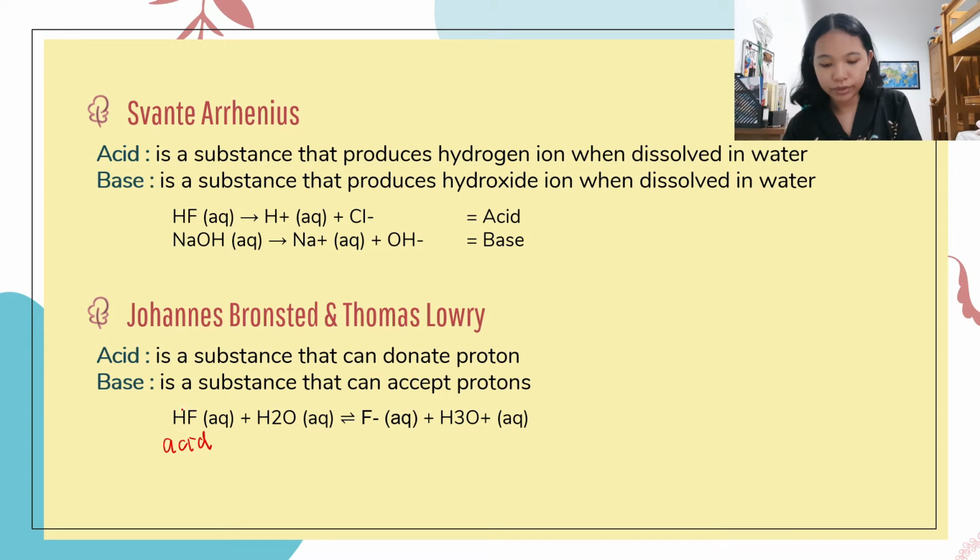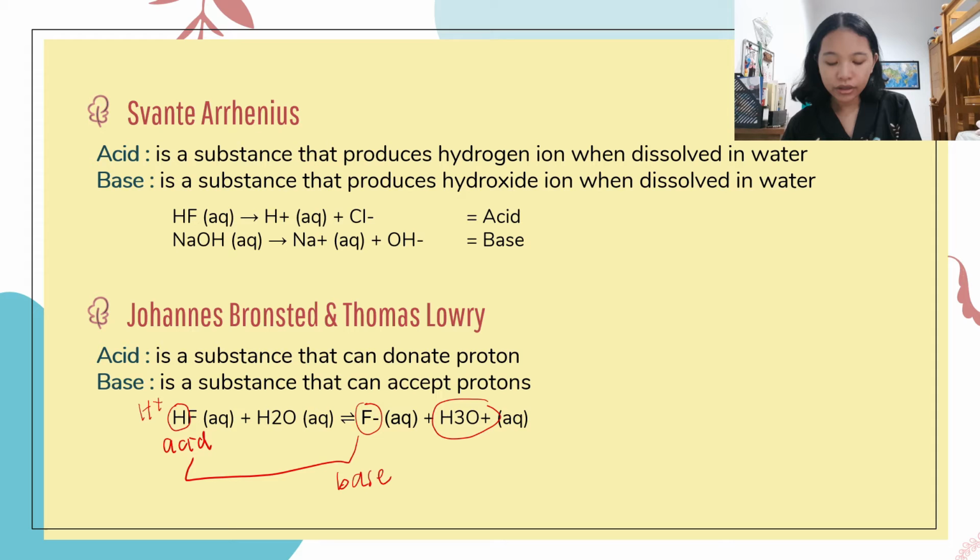So it's going to be accepting a proton or an H plus ion from hydrofluoric acid, and are going to be left with fluorine ion. And this also same goes reversibly. So when fluorine ion wants to become hydrofluoric acid, it needs to accept protons from hydronium, and when it accepts proton, fluorine ion is considered a base.